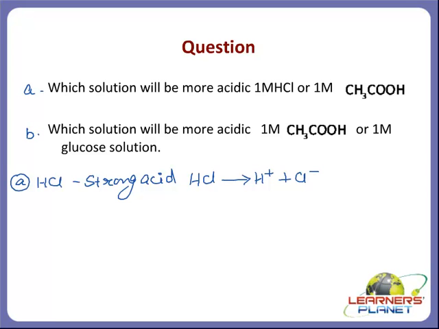Right? So in the solution there will be a large amount of H+ ion. Now the other acid given here is CH3COOH, that is acetic acid. Right? Now where is this acetic acid found? It is in vinegar. Okay, so it is an organic acid and it's a weak acid, right?